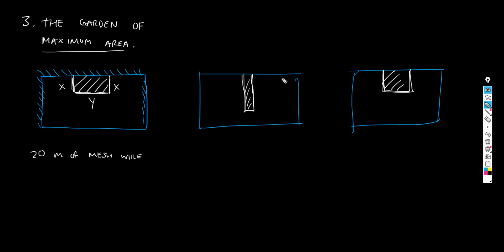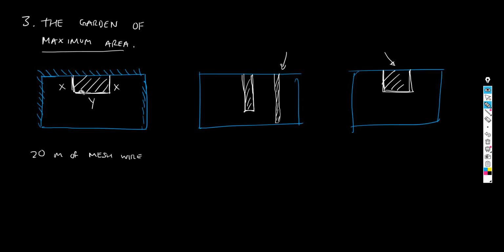Let me exaggerate my point. If somebody decides to create the garden in this way, this plus this can be 20 meters, but the area of something very thin, very slim, is going to be very small compared, for example, with something like this.